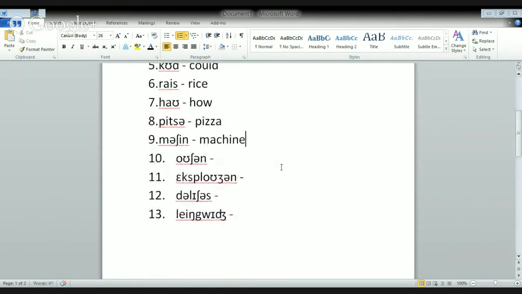Now we have 4 left. Anyone like to give this one a try? Ocean. Correct. Now here we have a big long one. Explosion.